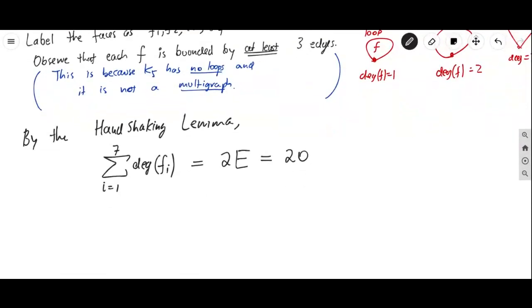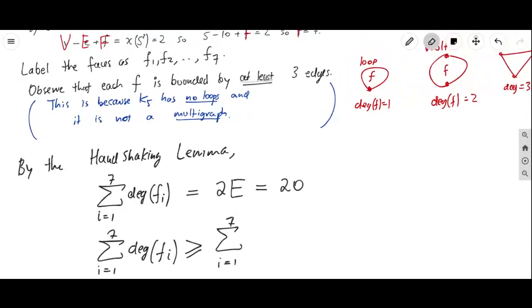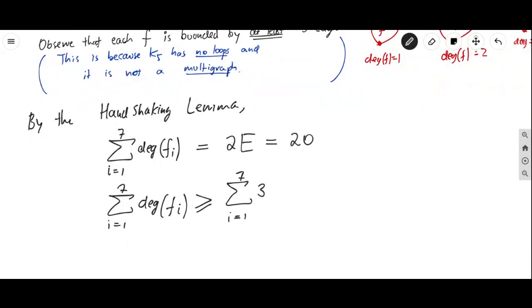But at the same time, if you look at this sum, this is greater than or equal to the sum over i from 1 to 7, and we said the degree has to be at least 3. So the degree of each of these is at least 3. Look at that, we're adding the number 3 seven times, so that's equal to 21.